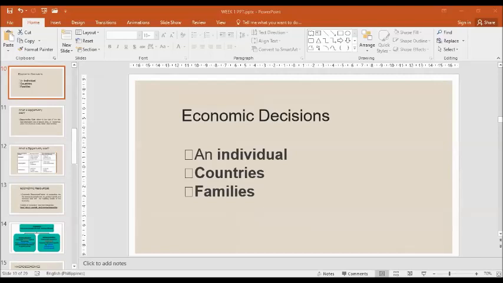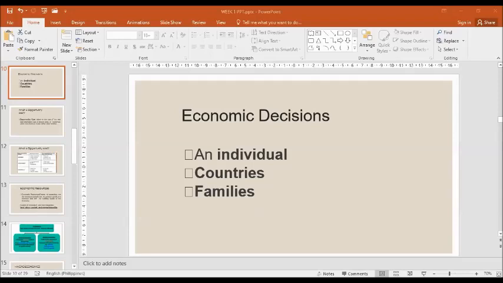For example, after you graduate from senior high school, you might have to decide whether to proceed to studying in university or college, or to work, or to go into the labor force. You may decide whether to buy the newest mobile phone or to keep your old one. So you have the economic decision.